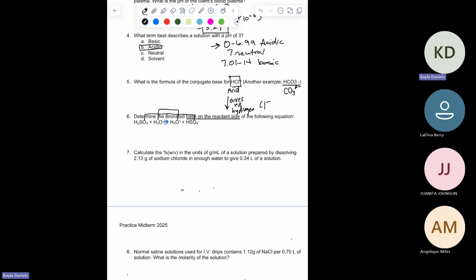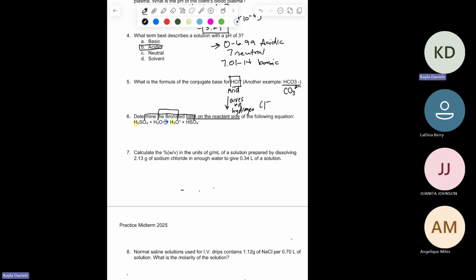Now I'm trying to figure out where the hydrogen that's moving is. It looks like H2SO4 becomes HSO4 minus, so that's the hydrogen that got lost. And right here, H2O gains a hydrogen and becomes H3O plus.